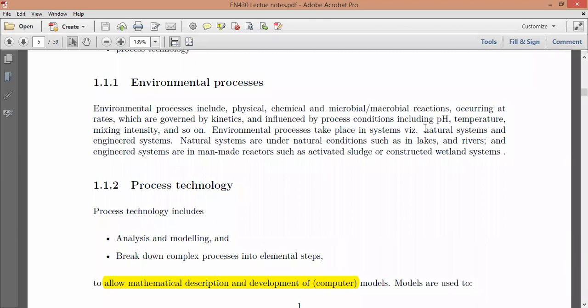Wherever we have the main reactions taking place, we call that a reactor. So in nature it could be a lake, a river, whilst in industry we also have those kinds of reactors.